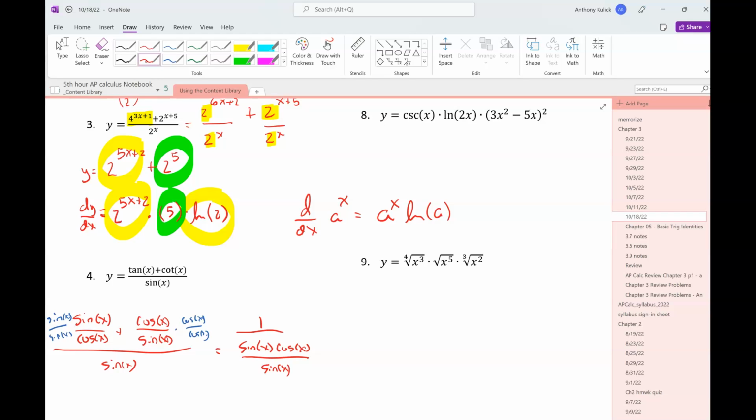So I have that. And if I simplify that, I'm just kind of multiplying by the reciprocal.